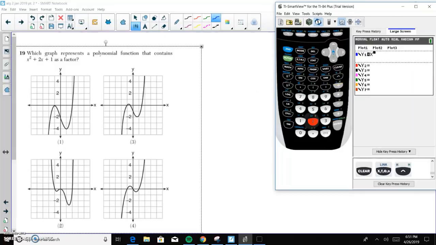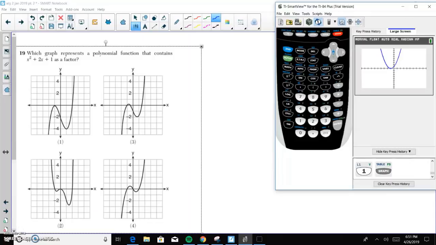X squared plus 2x plus 1, graph. Okay, so the root of this function is negative 1 and negative 1.